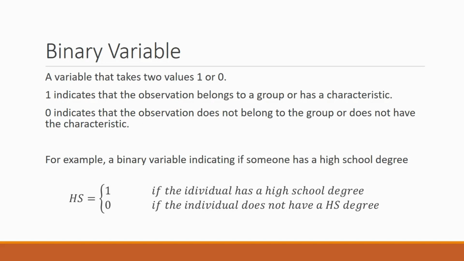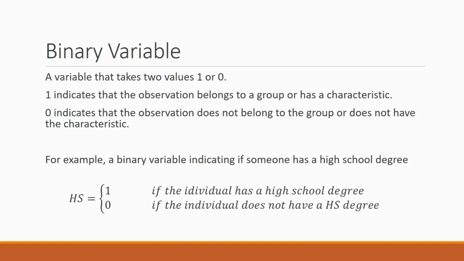So for example, and we're going to use this later, let's imagine a binary variable that indicates whether or not someone has a high school degree. We're going to call it HS for high school. It equals 1 if they have a high school degree, and it equals 0 if they do not have a high school degree.